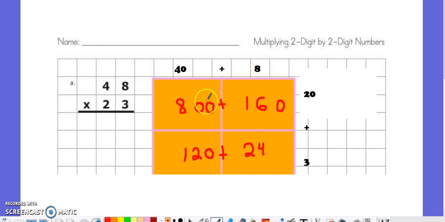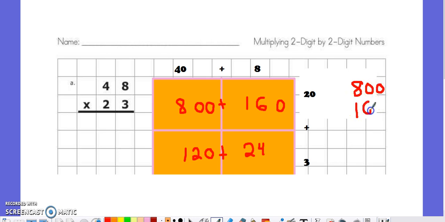For example, if you can quickly add in your head 800 plus 160 is nothing more than 960, then you don't have to add all 4 numbers together. You can just say, oh, 960 plus 144, because I've already added these 2 numbers in my head. That's all you have to do. But if you'd like to take it the long way, feel free to do so. It does at times limit mistakes.